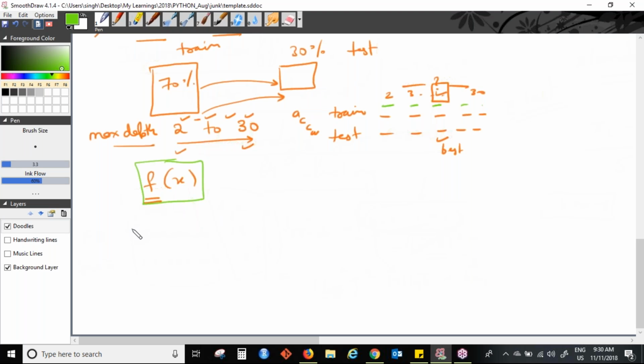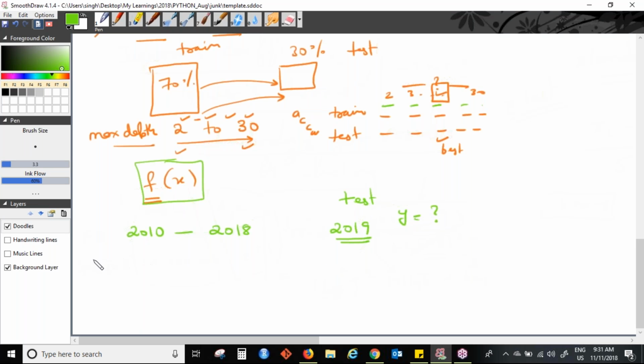So let's say another example. Let's say I have data from 2010 till 2018, and you have to make predictions for 2019. So what will you do? This is your final test data where y is not known to you.